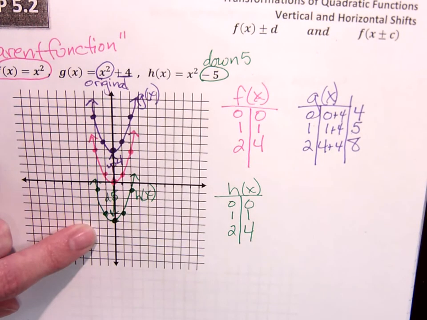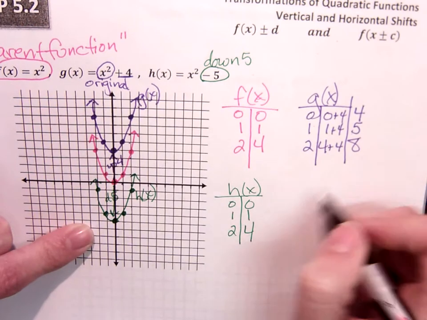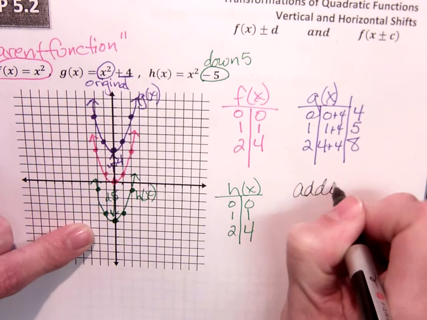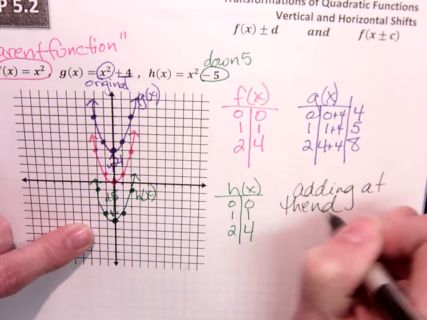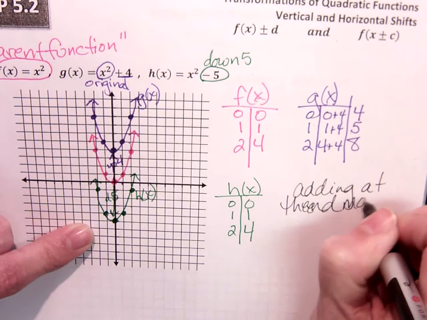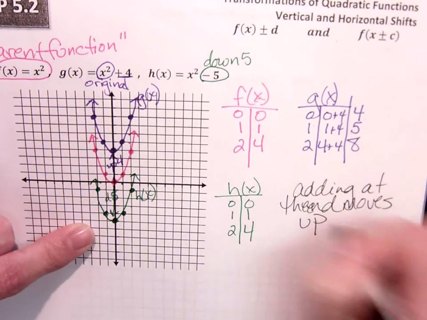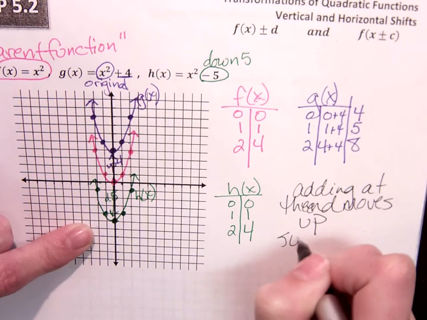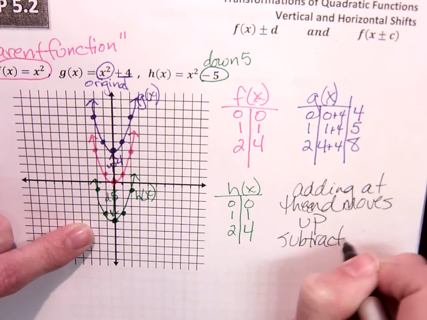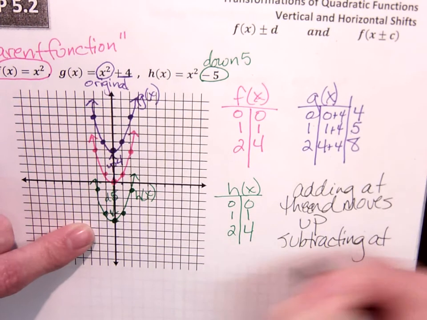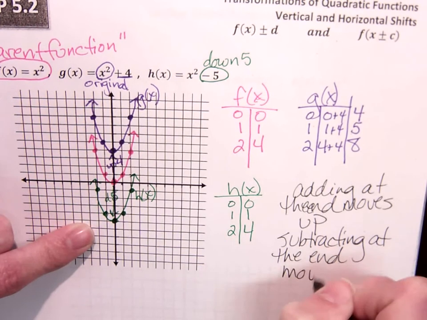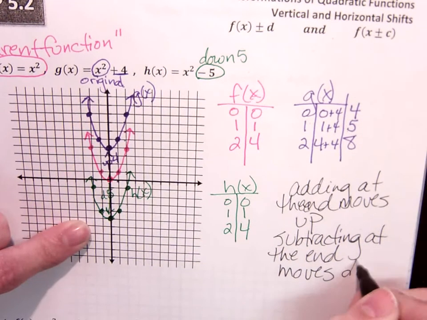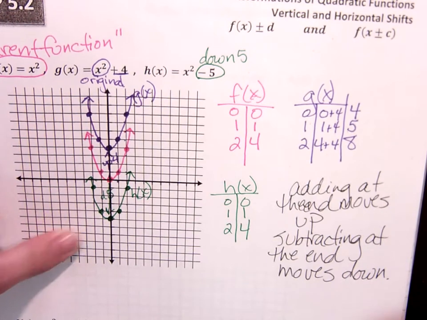So what we can write down for later reference is that adding at the end moves up, and subtracting at the end moves down. Okay.